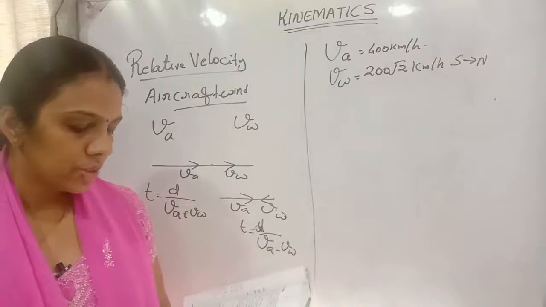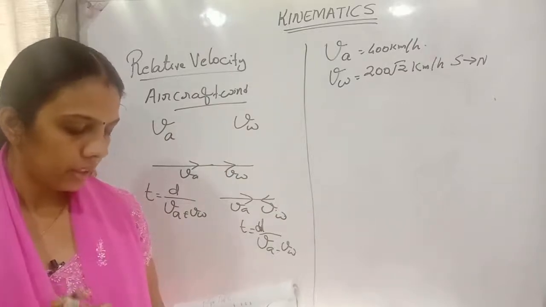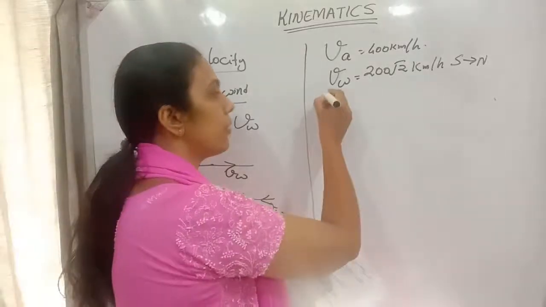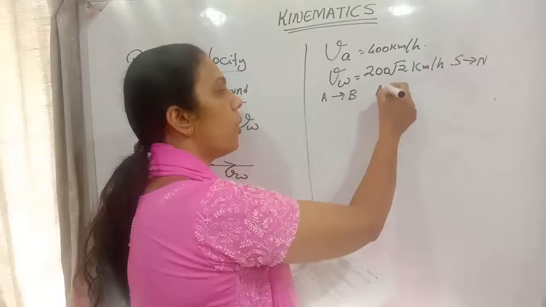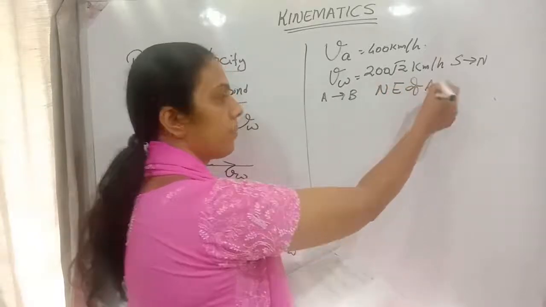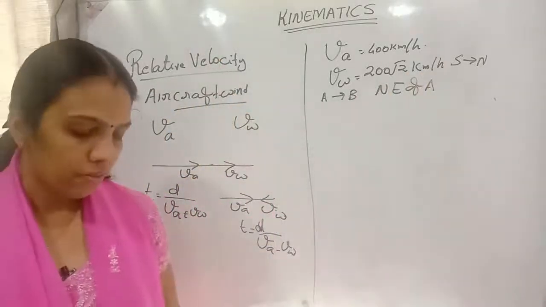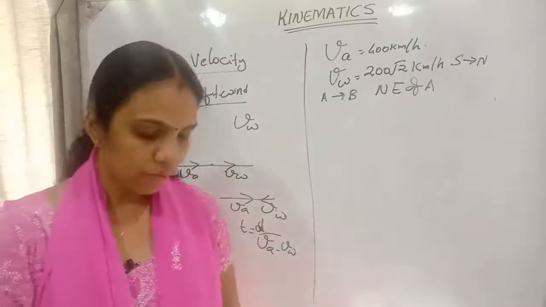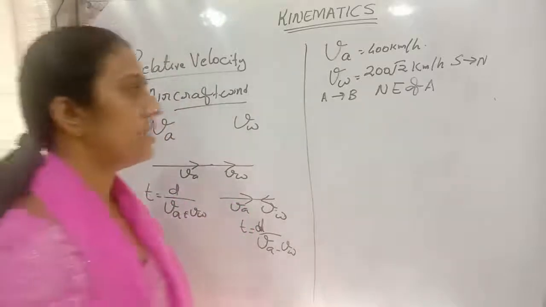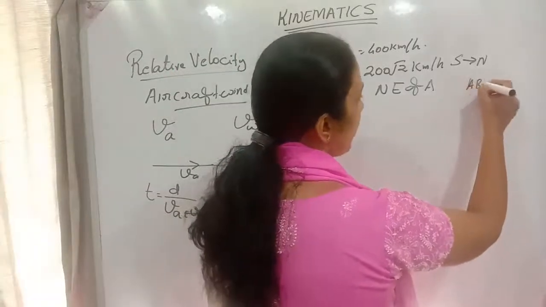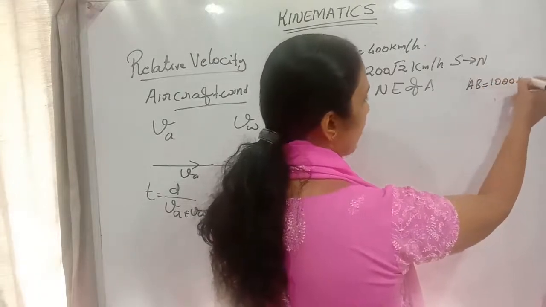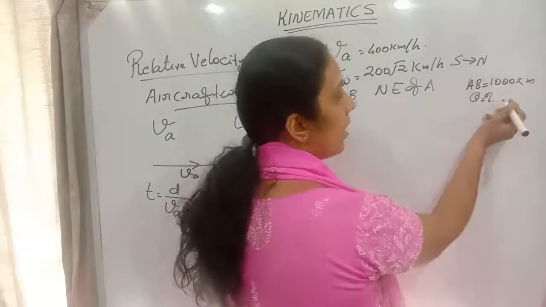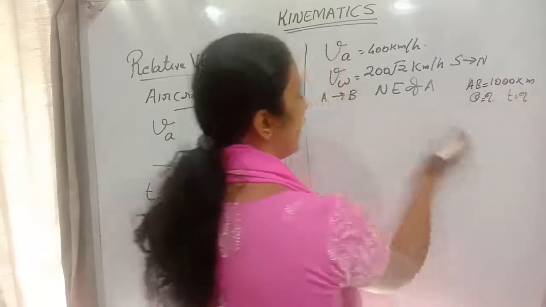The pilot wishes to travel from A to a point B northeast of A. Then find the direction he must steer and the time of his journey if AB equals 1000 kilometers. So the distance AB is 1000 kilometers. Direction means we need to find the value of theta, and this time is also needed.